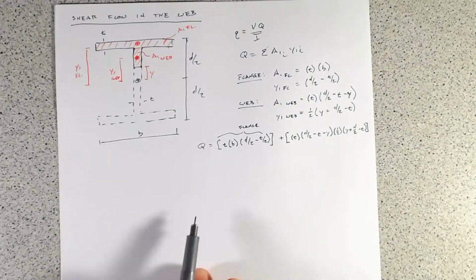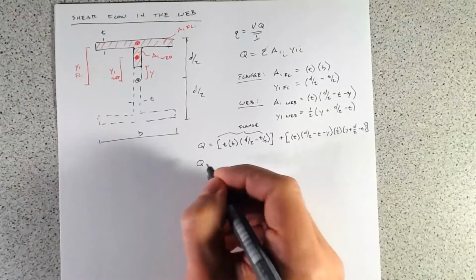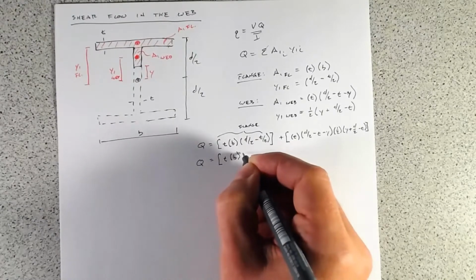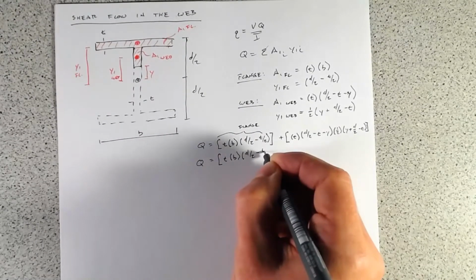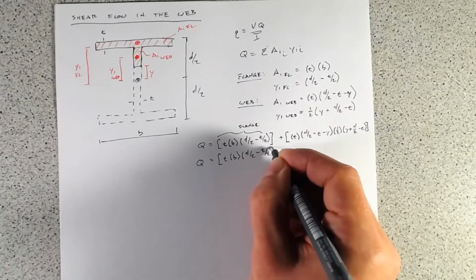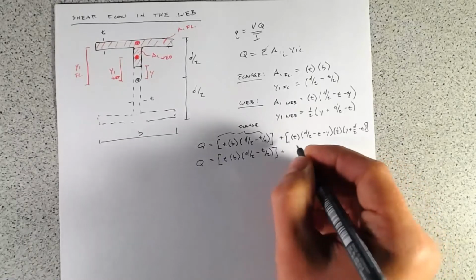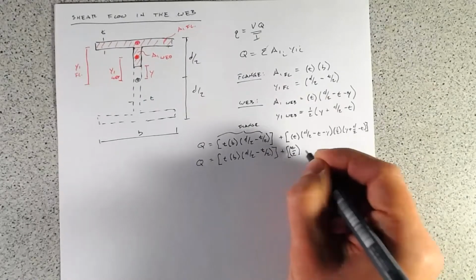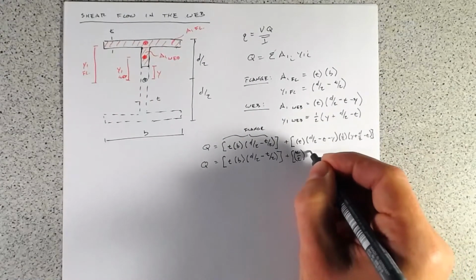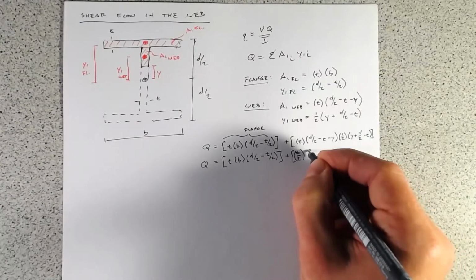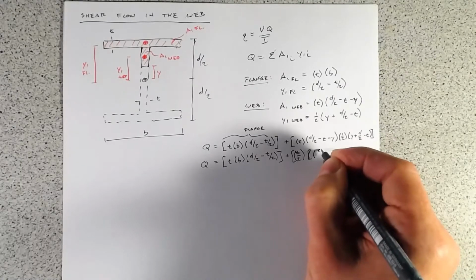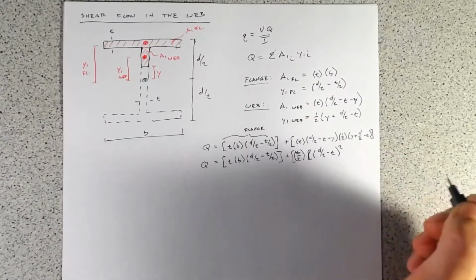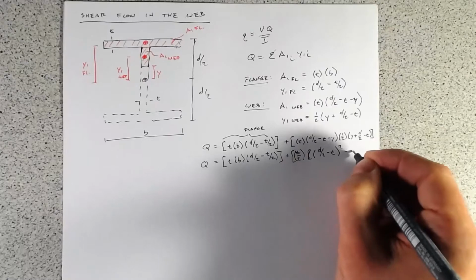And if we rearrange this a bit, we get Q equals t times b times d over 2 minus t over 2, plus t over 2 times d over 2 minus t squared minus y squared.